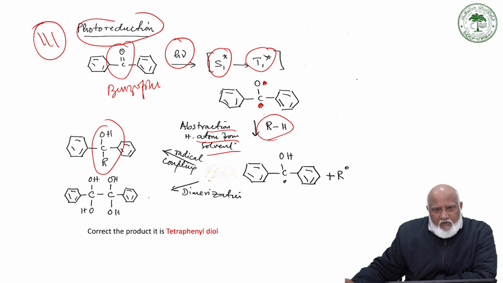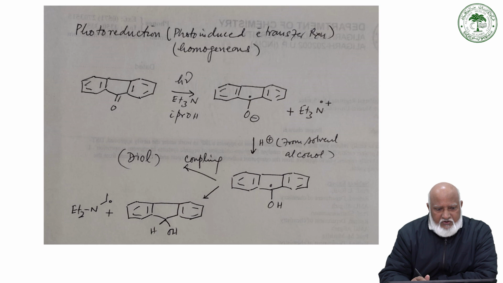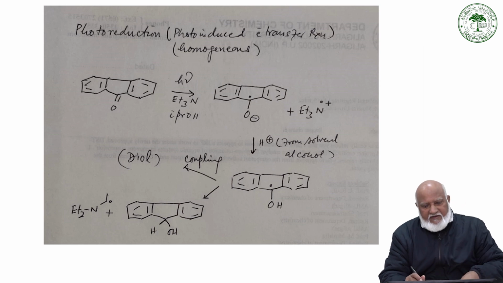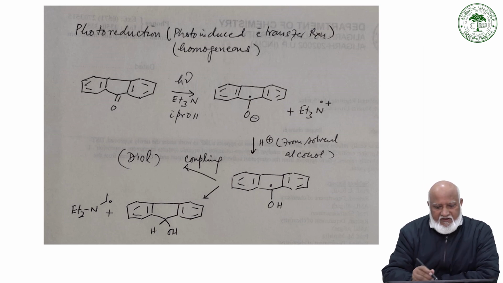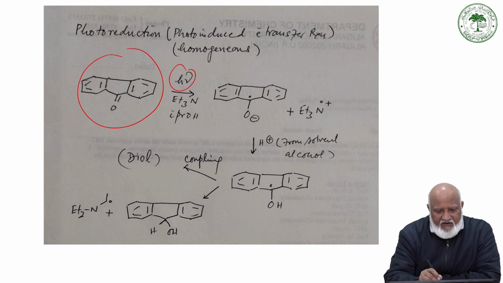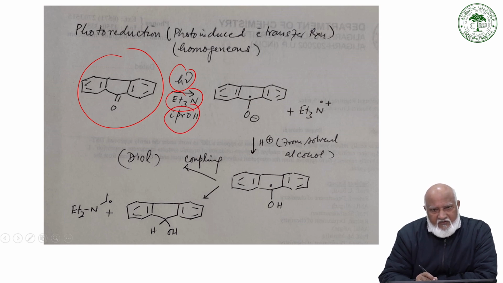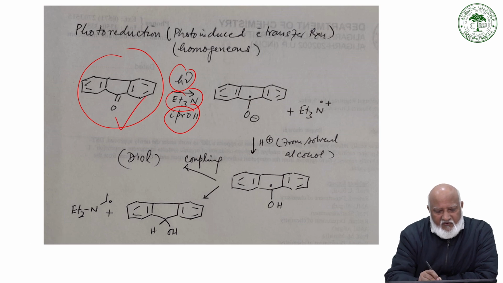This reduction can also be brought about by a photo-induced electron transfer reaction. Here we can see indanone, and in the presence of light, triethylamine is used as an electron donor and isopropanol as a solvent. If we do the reaction under photolytic conditions, in the presence of light there is an electron transfer from triethylamine to the carbonyl compound.